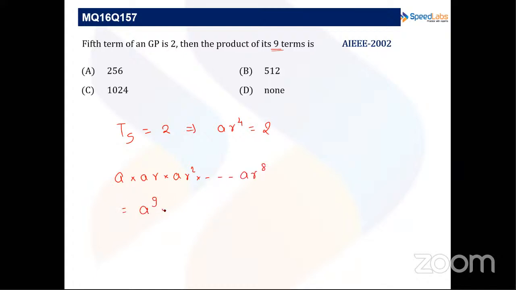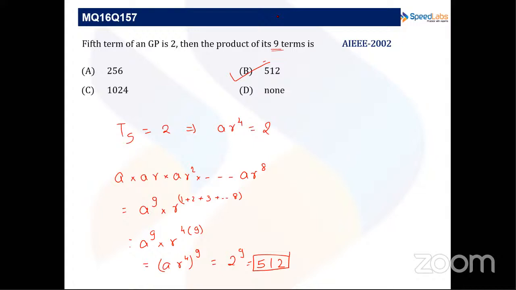So A to the power 9 into R to the power 1 plus 2 plus 3 plus so on up to 8. That will be A to the power 9 into R to the power 4 into 9, first term plus last term over 2, so that will be (AR to the power 4) whole to the power 9. And AR to the power 4 is 2. So this will be 2 to the power 9, which is equal to 512. So the correct option is B.